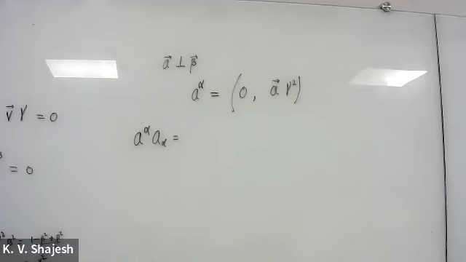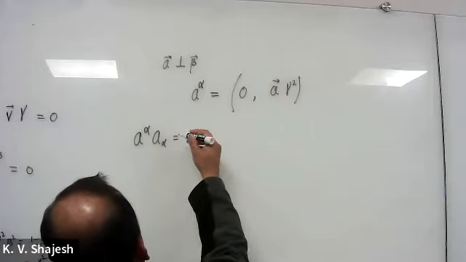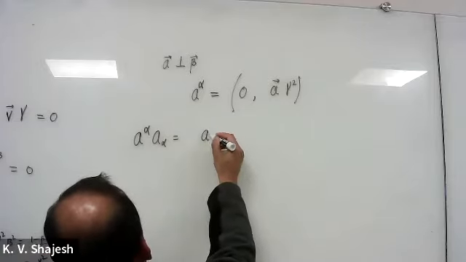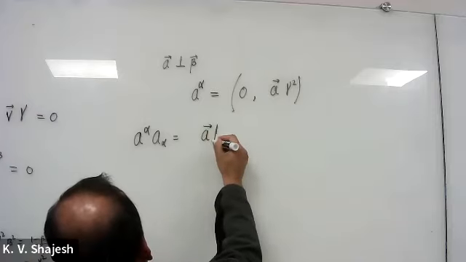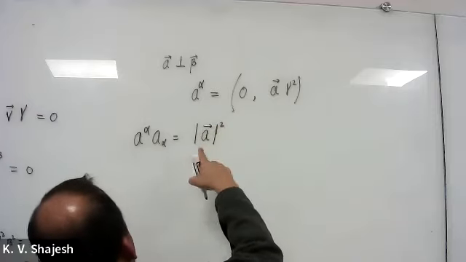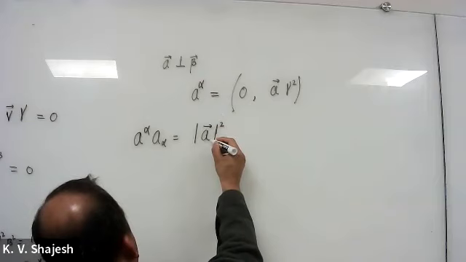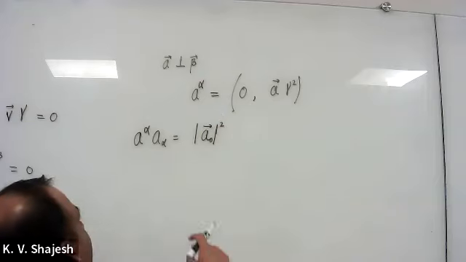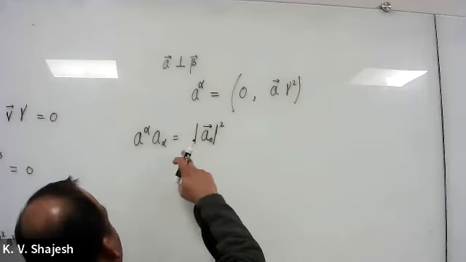That's 1. That's 0. This is the only term that survives. Everything else goes away. And that's equal to, in the rest frame, this is A squared. But that's not the normal acceleration, so I have to give it the special meaning. So this is A0. This is not your 0, right?